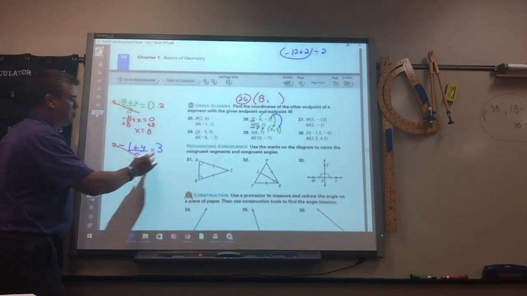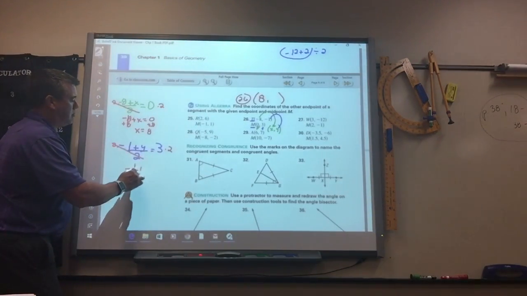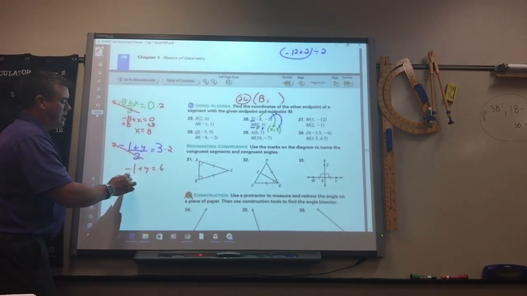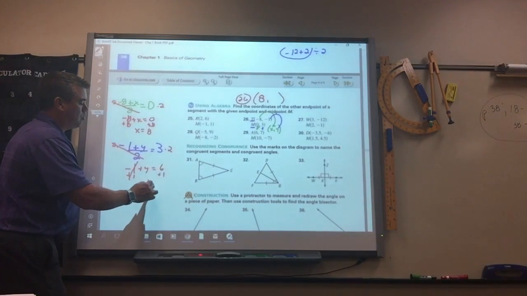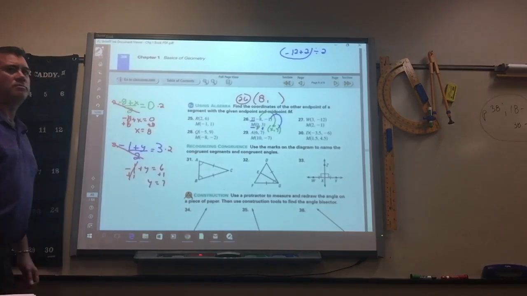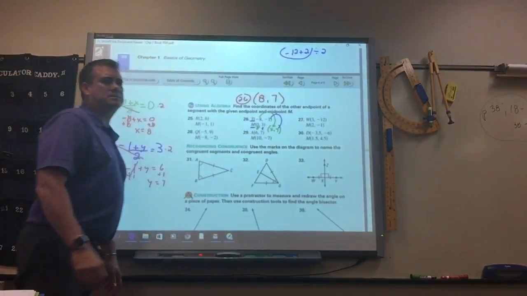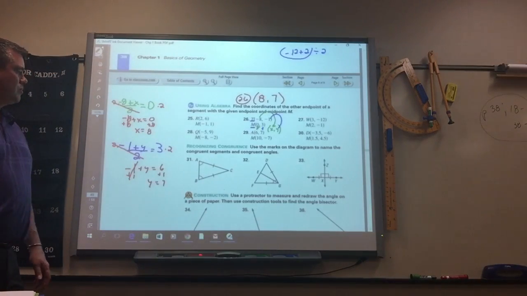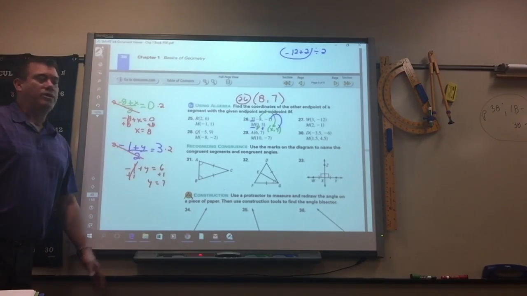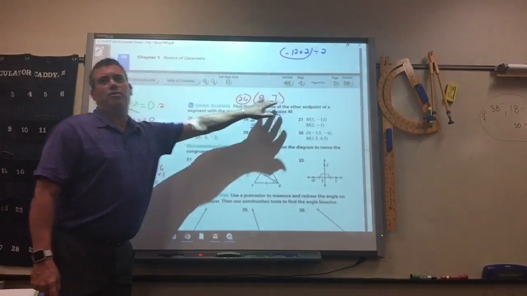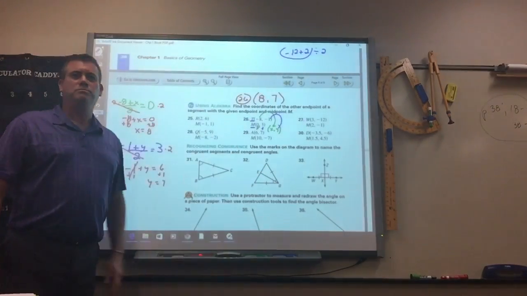Get rid of the 2, you get negative 1 plus y equals 6, add 1, and you get what? y equals 7. It's simple math. They want you to write it as a coordinate, so they want to write it this way.